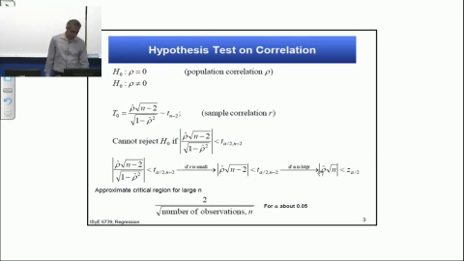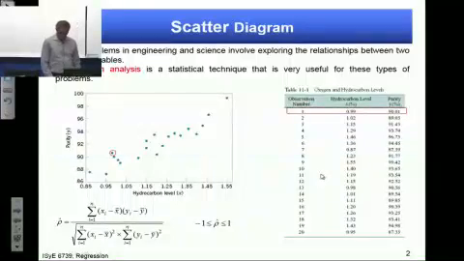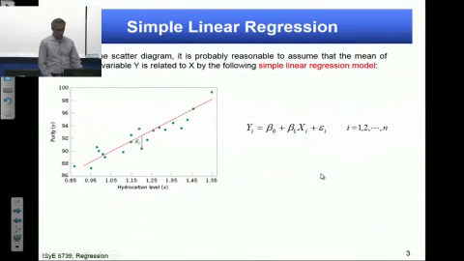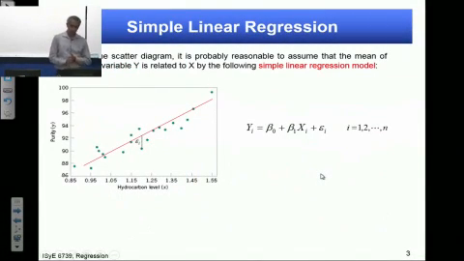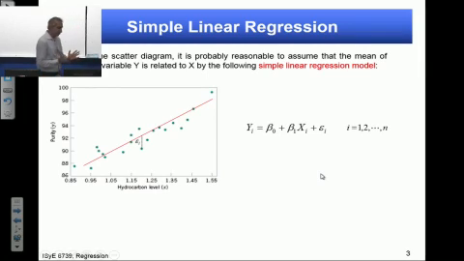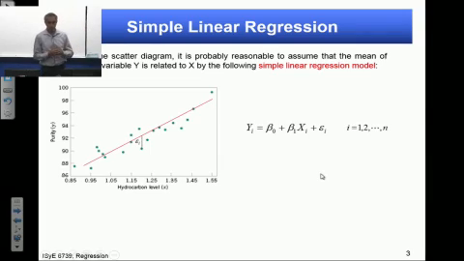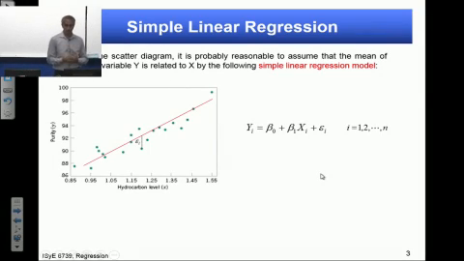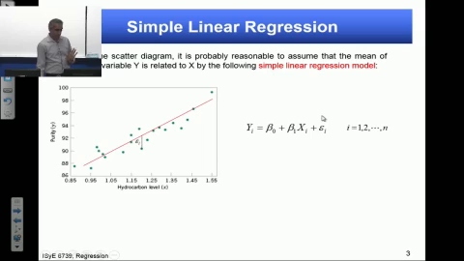Okay. So let me continue with simple linear regression. After we figure out there is a relationship between two variables like y and x, now we want to quantify that relationship. A very simple regression method is called simple linear regression.